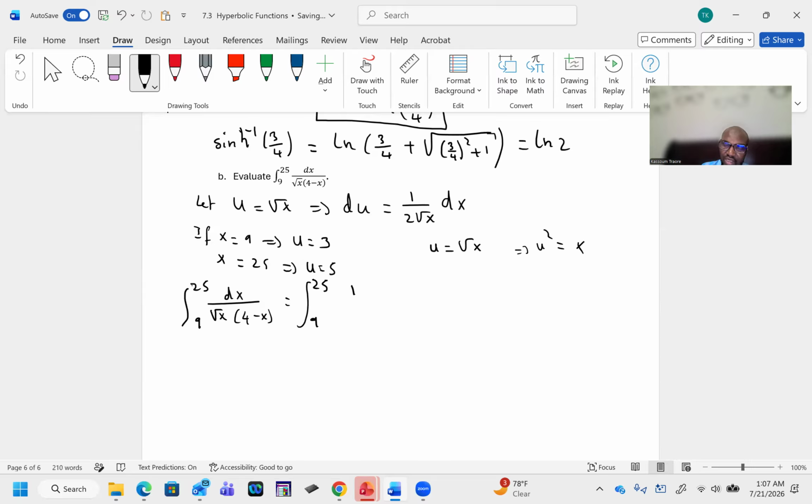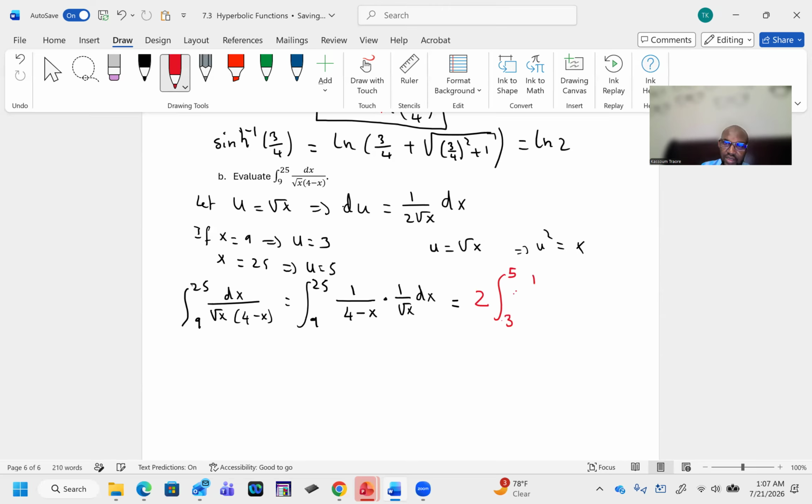This is the same thing as 1 divided by 4 minus x, times 1 over the square root of x dx. So we have du, but we need to multiply by 2 to get 1 over the square root of x dx. So that is why this is exactly the same thing as 2 times. Now the limits of integration would be from 3 to 5, right?